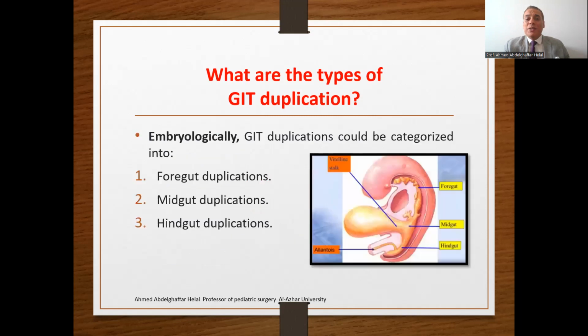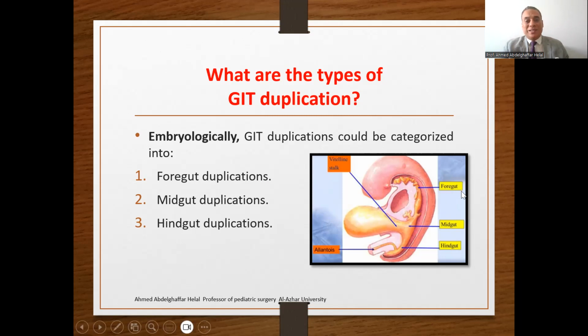So, what is the classification or the types of gastrointestinal tract duplication? Embryologically and for treatment purposes, it could be classified according to the parts of the gastrointestinal tract.